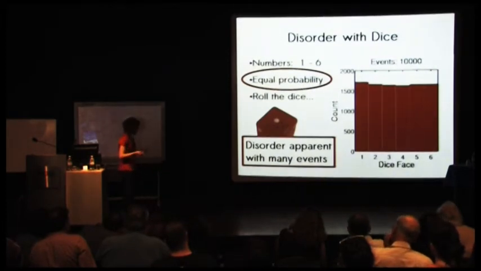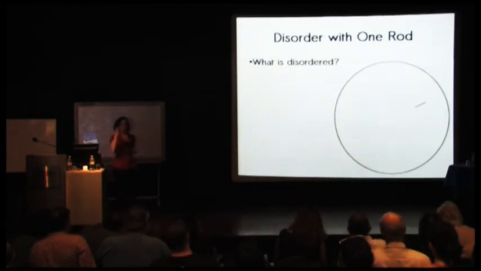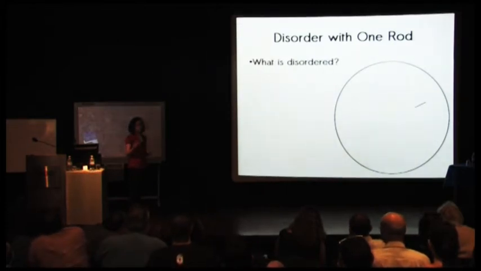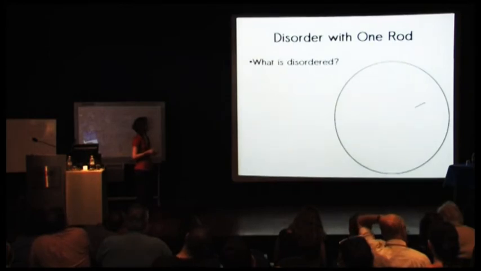Okay, so now let's move on and think a bit geometrically, and we're going to start with just one rod. Here's our rod, and it exists in a particular space. We can pick any space that we want, and we're going to choose a space that matches the experiment, because we want to figure out what's going on with our experiment.